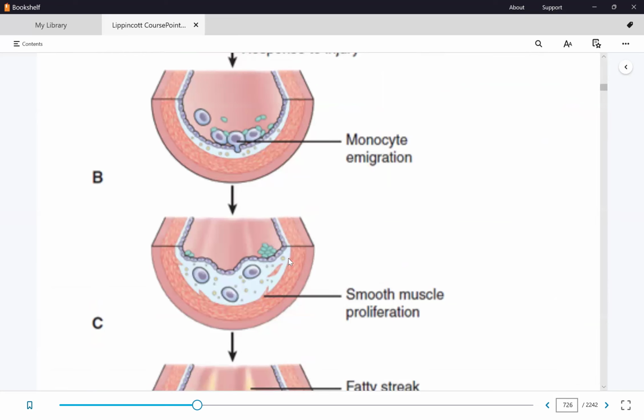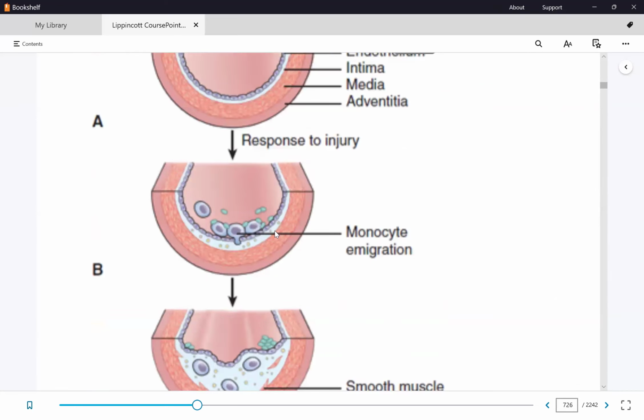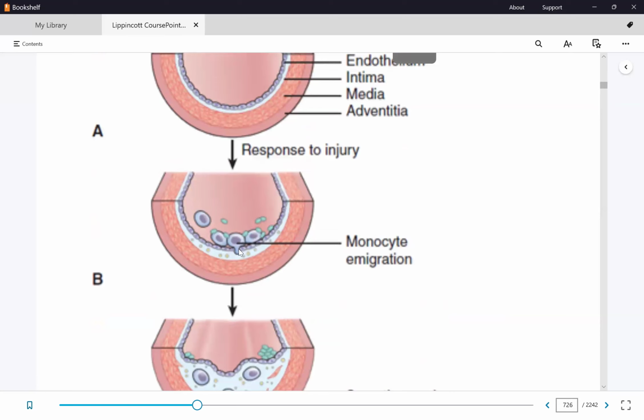So the growth here, look at the endothelium. It's raised, right? It was raised and lifted off of the intima. So therefore, when you raise it like that by growing this atherosclerotic plaque, that means it weakens the endothelium, predisposing it to rupture. Because what will happen to blood pressure when you add an atherosclerotic plaque?